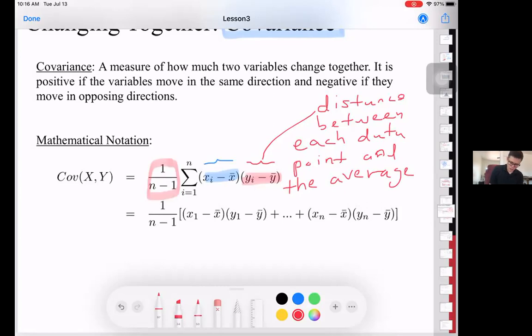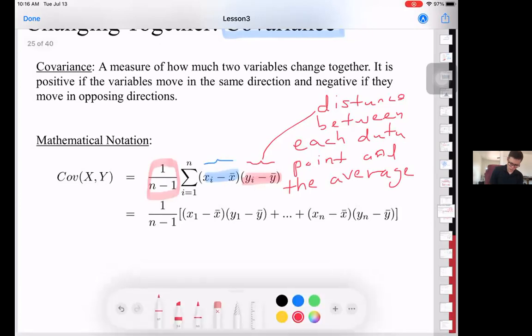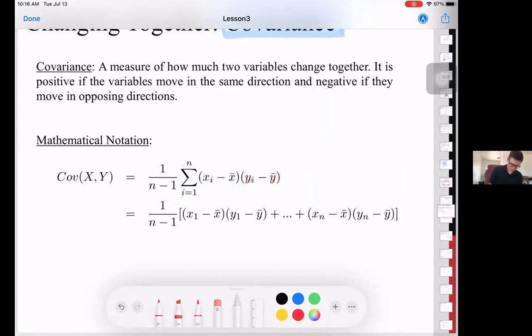So let's do a really simple example. I'm going to just clear this so that we don't have too much clutter on the page. So say we have a data set of 2 observations. We're going to have a data point here, and a data point here.